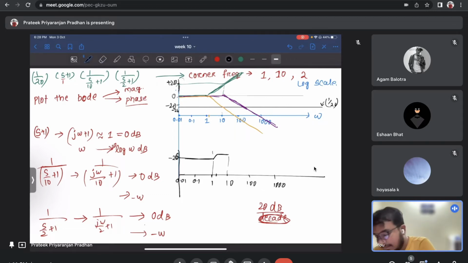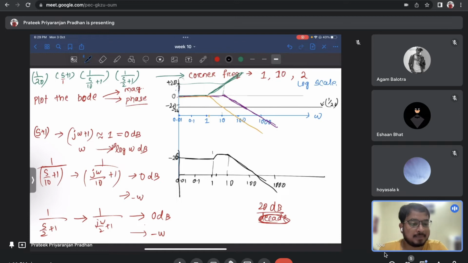Then after 10, this purple color will come again. So that's why it will go with negative 20 dB per decade. Is it clear? The magnitude, how it's done?